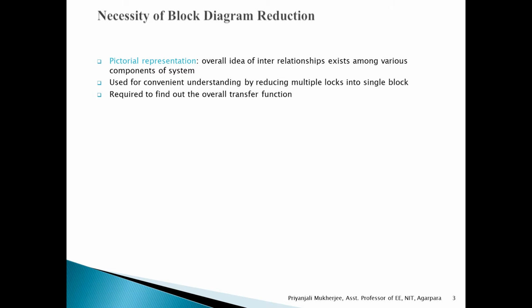It is a pictorial representation. We use it for reducing multiple blocks into a single block, and to find out the transfer function, block diagram reduction is very much required.